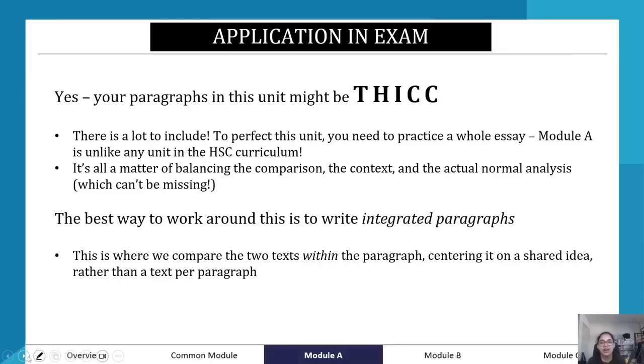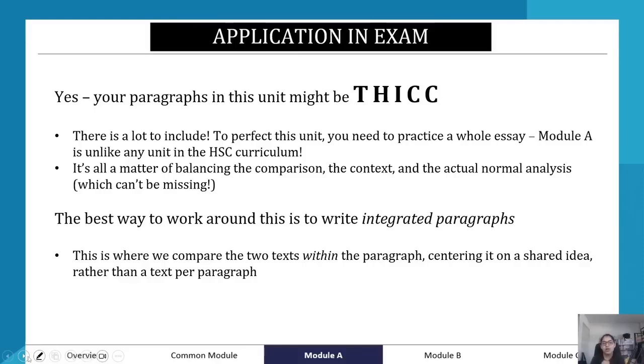Module A is unlike any unit in the HSC curriculum, because you're juggling so much. You want a balanced discussion of the two texts. You want to include context and the actual normal analysis, so the analysis of the text cannot be missing, but then you go one step further and look at how those ideas differ or resonate.